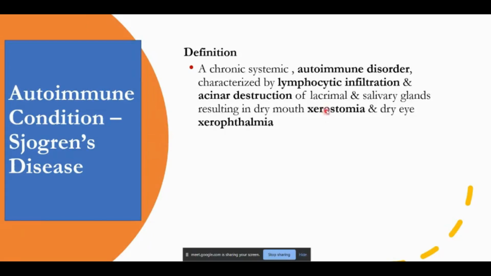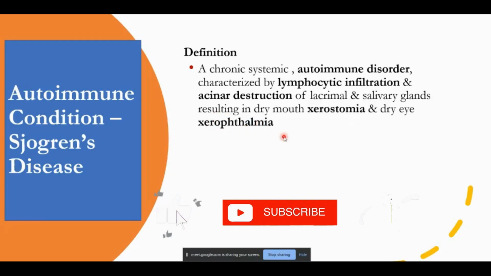So xero, this term is used whenever there is dryness. Stoma is for the mouth, so dry mouth is xerostomia. Ophthalmia is for the eye, so xerophthalmia is for the dry eye.